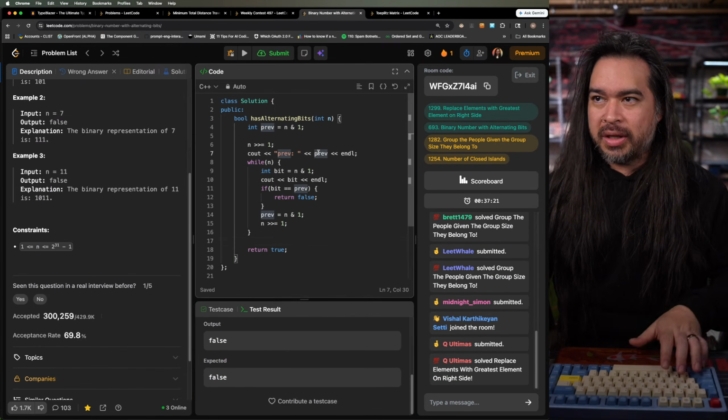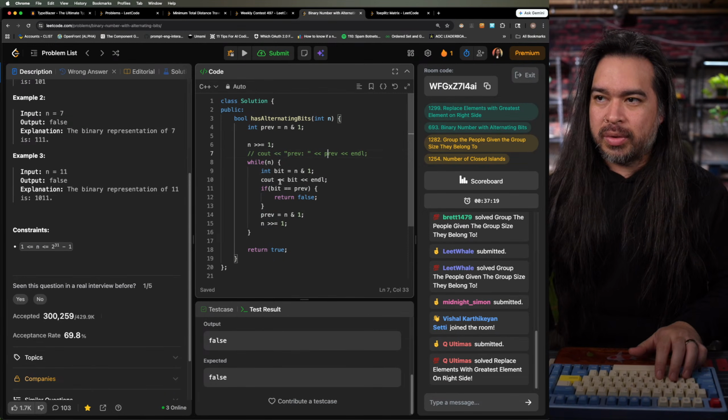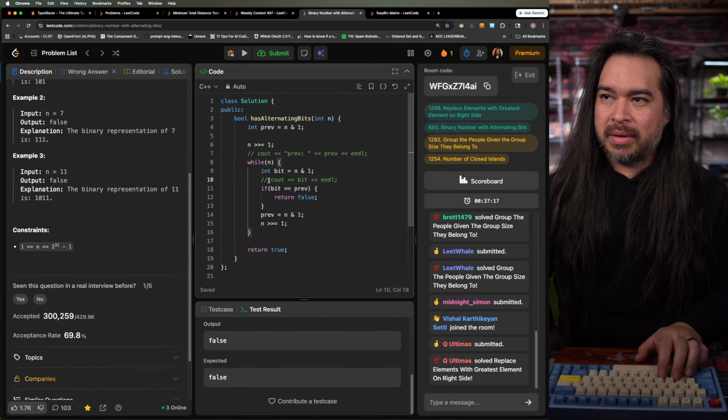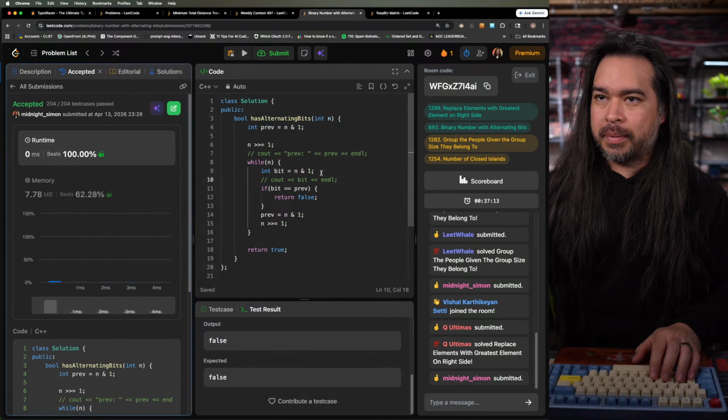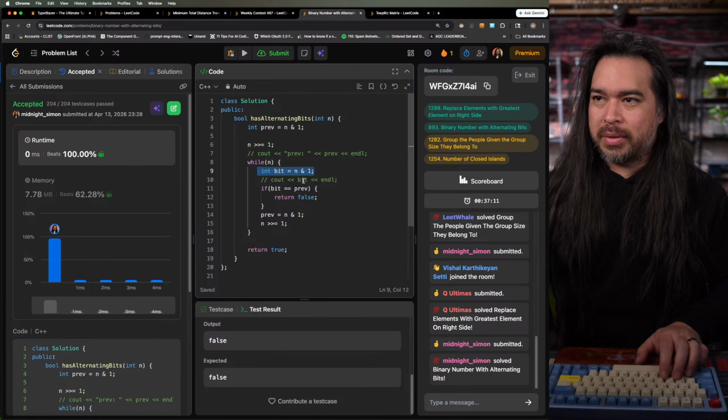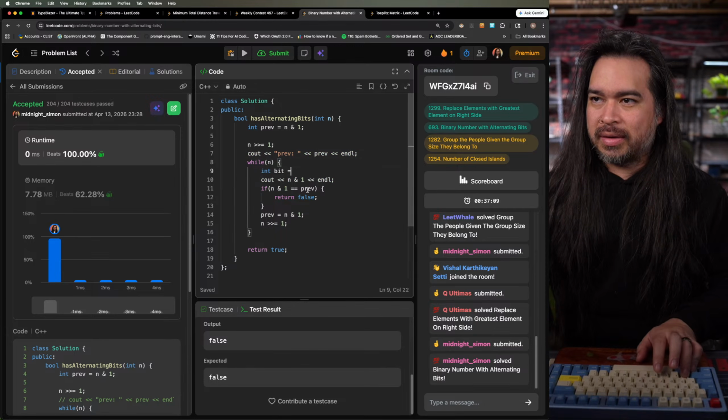Alright, so it's working here, so maybe something was wrong with the syntax. Yeah, I think something was strange with that syntax there. Interesting.